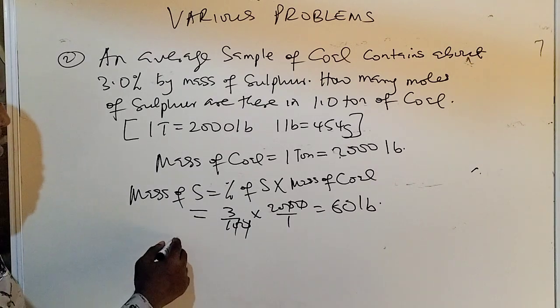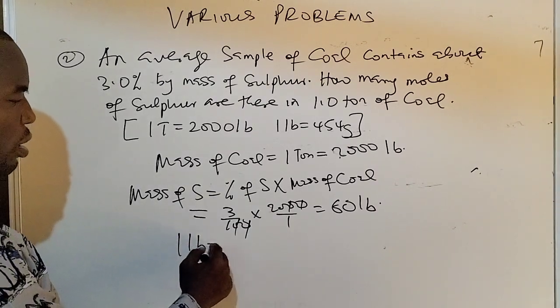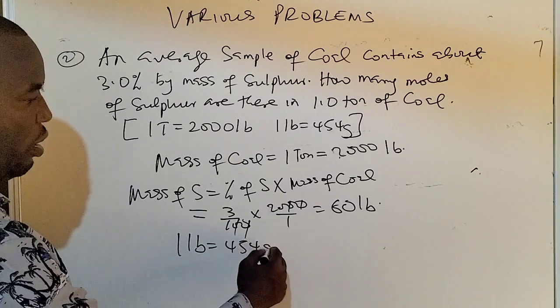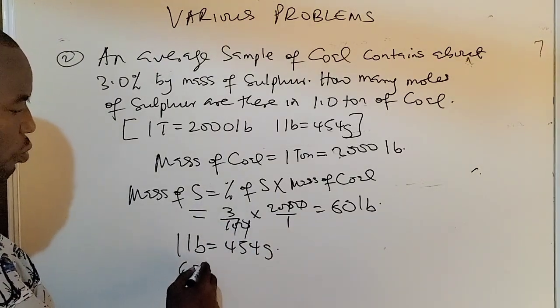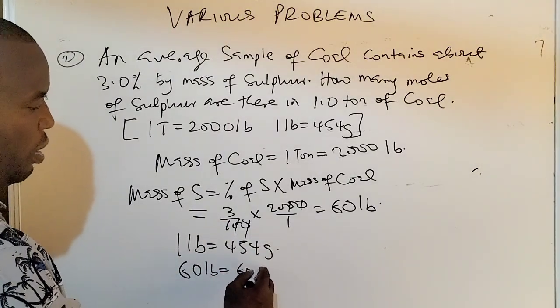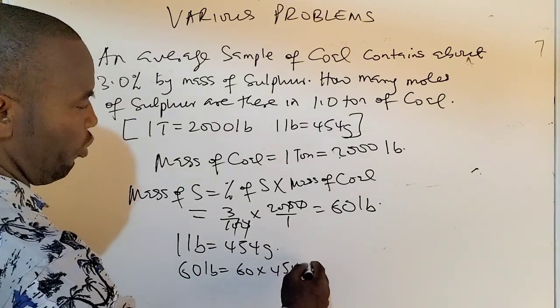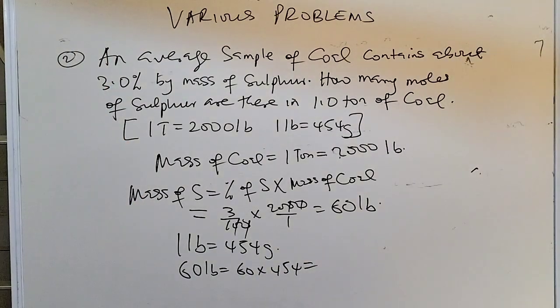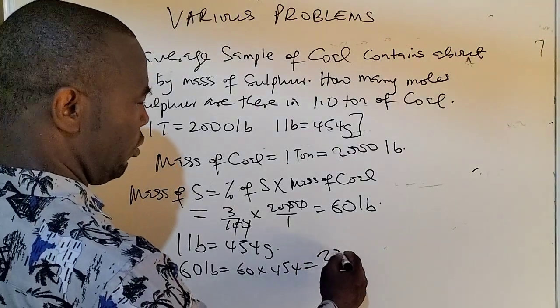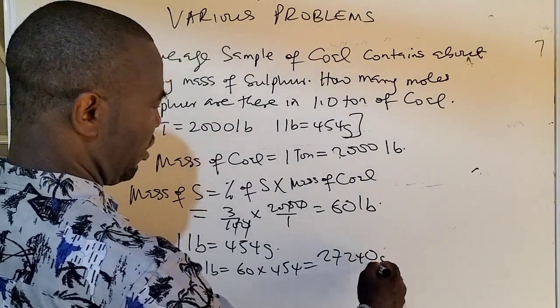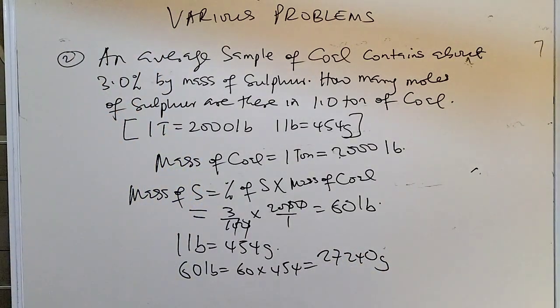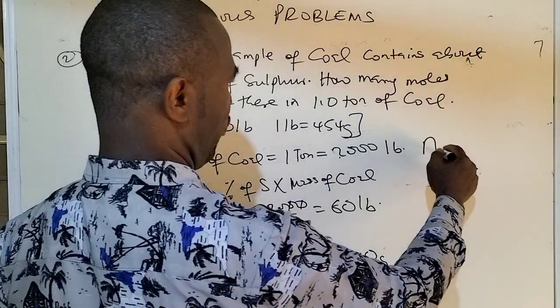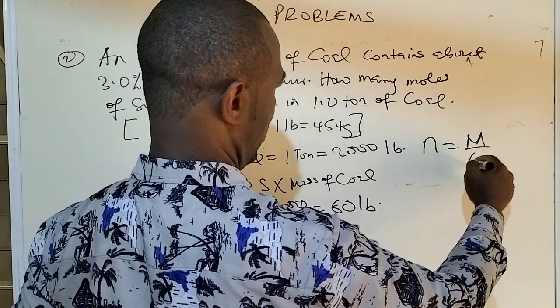So 60 pounds weight becomes 60 times 454, and that will give us the value of 27,240. That is 27,240 grams of sulfur.